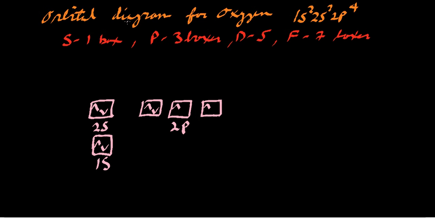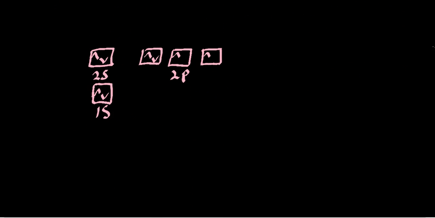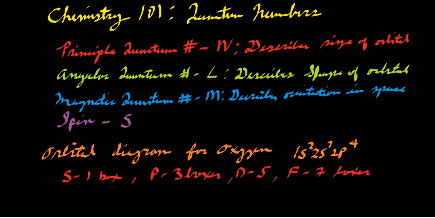Now, how does this pertain to the quantum numbers? Well, this is very important to determine the letters M and S. So let's talk about what these letters mean up here.